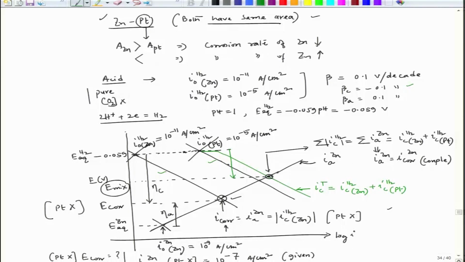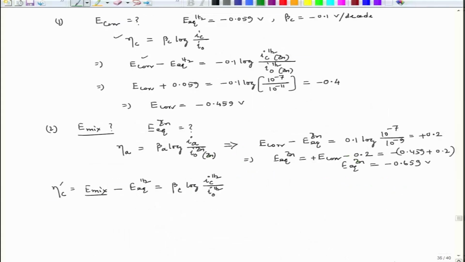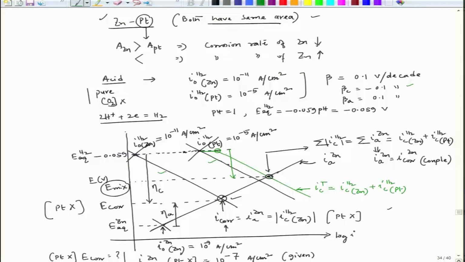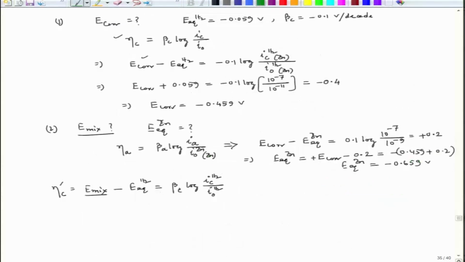Now, can I find out this point? Here this is the condition eta C, and since this green line is parallel to that, the slope of the green line is the same as the slope of the black line, the cathodic polarization line for hydrogen evolution. So, I can find out this particular point, which is let us say the T point.